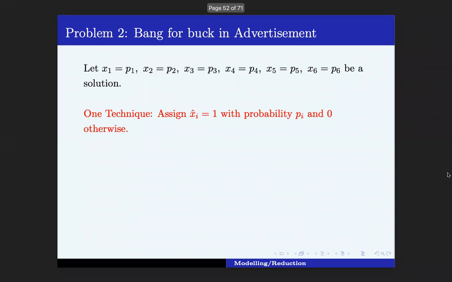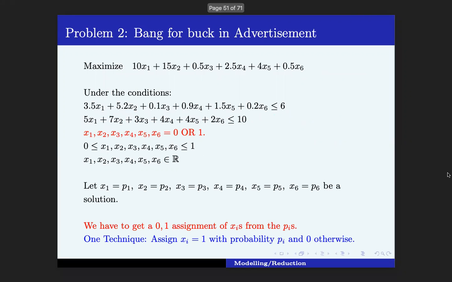Sir, can you please repeat the last sentence? Right. So this was a feasible solution: x1 equals p1, x2 equals p2, and so on. Feasible solution meaning it satisfied all the constraints.